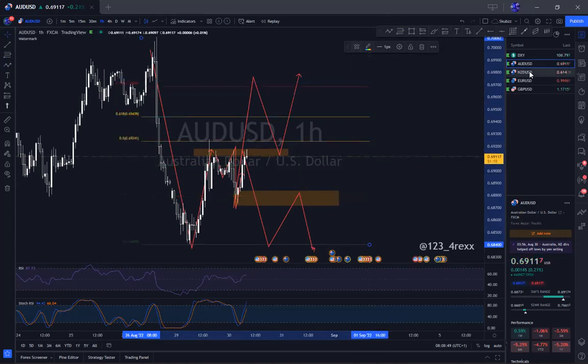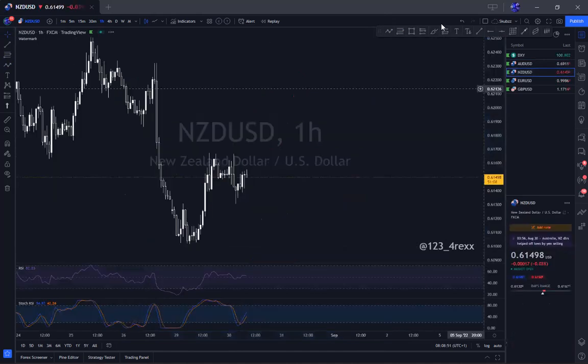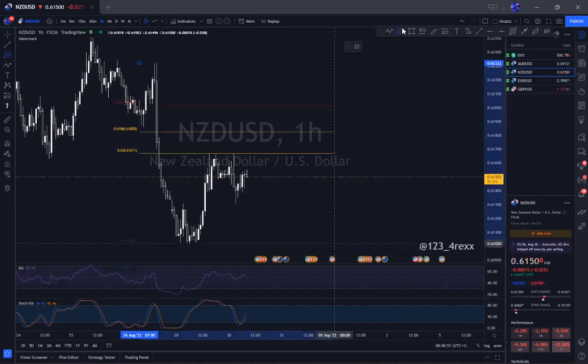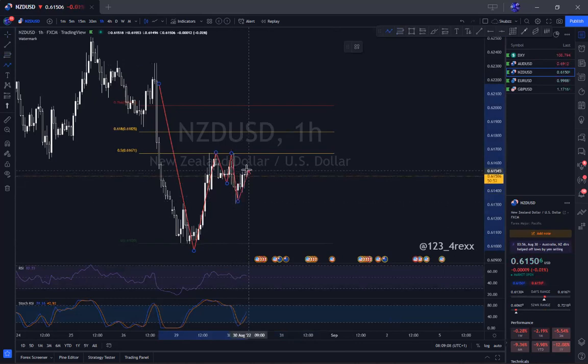Now let's take a look at NZD USD. It's almost the same thing as AUD. We broke on Friday, tapped yesterday into the 50, came back down, tapped into it again, and rejected massively. Now we're retesting this neckline here.